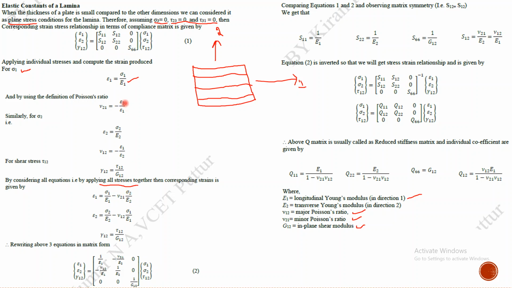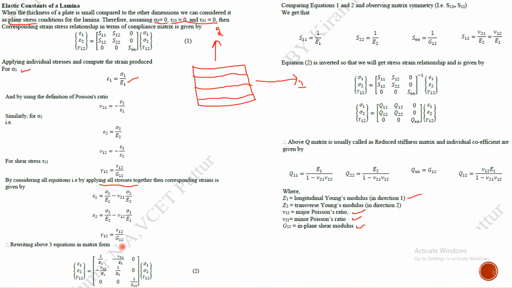Because we know that epsilon 2 is equal to nu 21 into epsilon 1. Likewise for epsilon 2: sigma 2 divided by E2 minus nu 12 multiplied by sigma 1 divided by E1. And the last one has no changes in this case: gamma 12 is equal to tau 12 divided by G12.